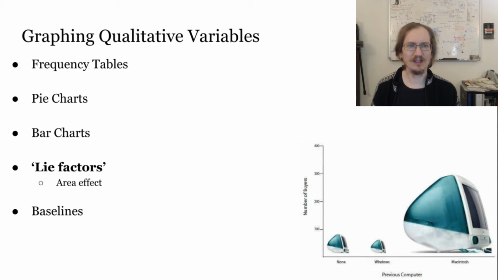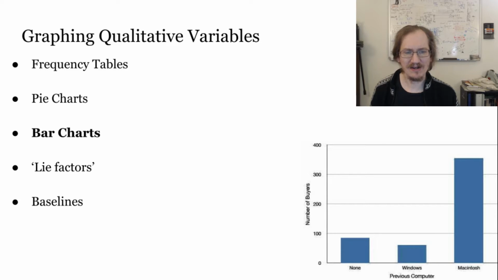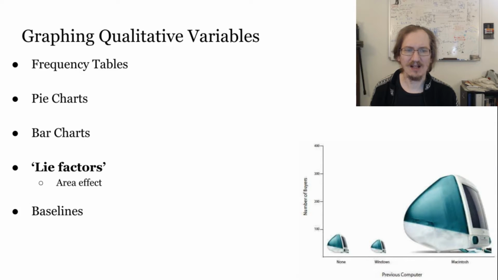And so it can be deceptive because now your intuition is maybe I should compare the surface areas of these relative images, and as you can see here, okay, maybe 4 times the number of previous Windows users, previous Mac users are buying new Macs, but here it looks like a much larger number simply because the surface area of the Macintosh image is much larger than of the Windows image.